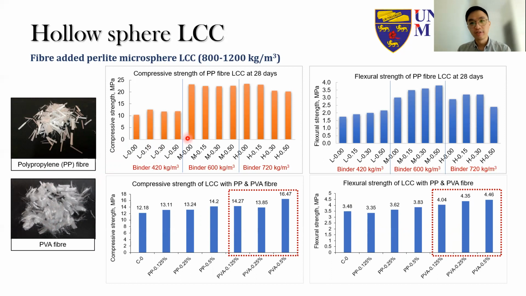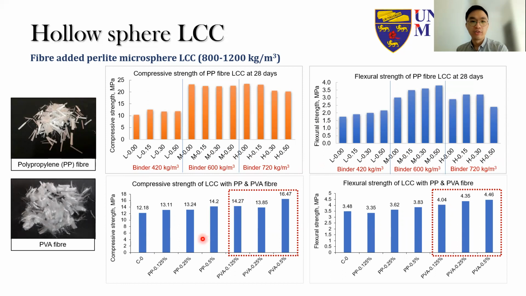When we first tried these PP fibers in our Perlite microsphere LCC with the 3 different ratios that have a binder content of 420, 600, and 720, the compressive strength is not very obviously affected by the PP fibers, and there is only a marginal improvement in the flexural strength when we use the PP fibers up to 0.5%.